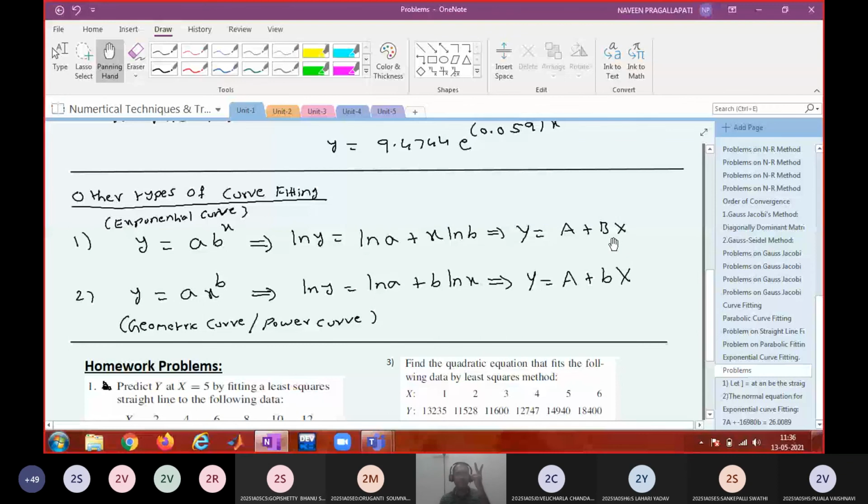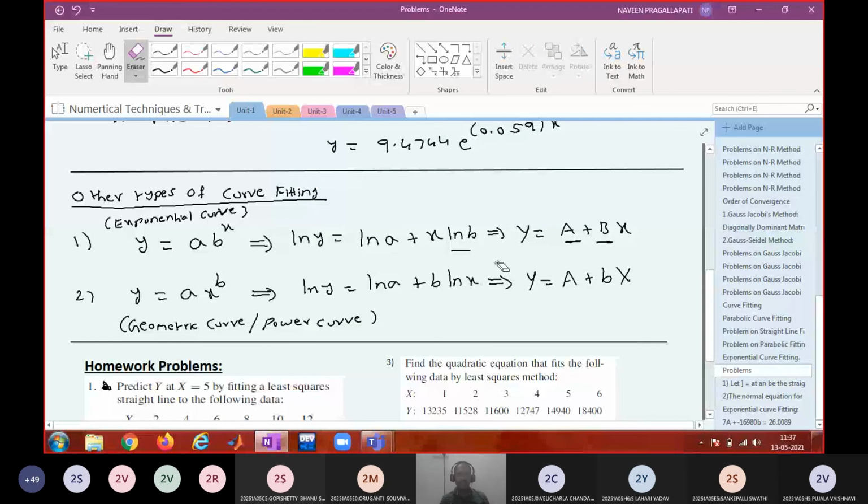After that you prepare log yi, xi into log yi and xi square. The only thing you have to find out is capital A and capital B. Small a and small b can be obtained by taking the exponentials of capital A and capital B.